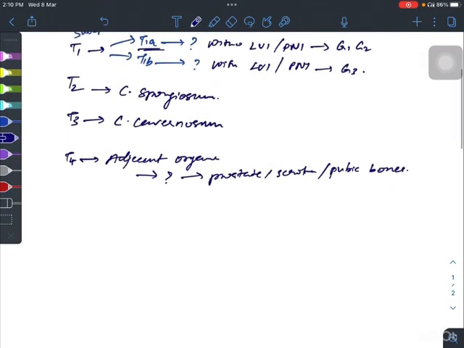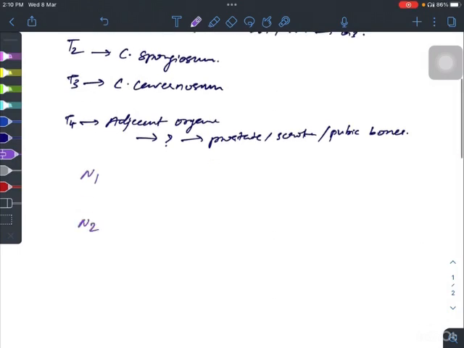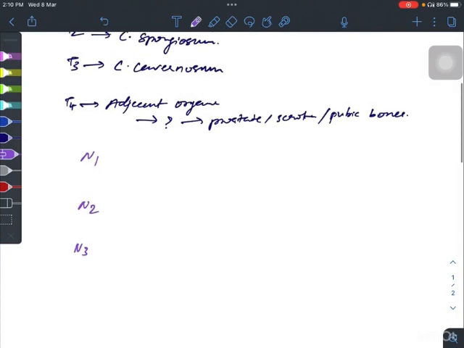Then we can see the nodal staging N1, N2 and N3. In nodal staging, it is subdivided into clinical nodal and pathological nodal staging.